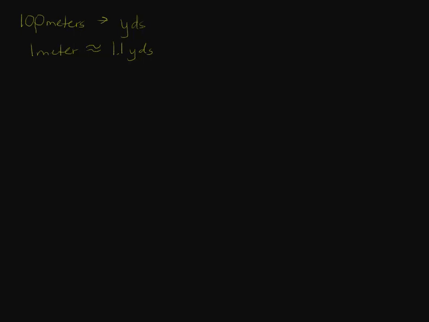So we're going to put this first, 100 meters. Now we're going to yards, so we're going to have 1.1 on top and 1 meter down here. And again, the meter cancels out, so now we're going to have yards.